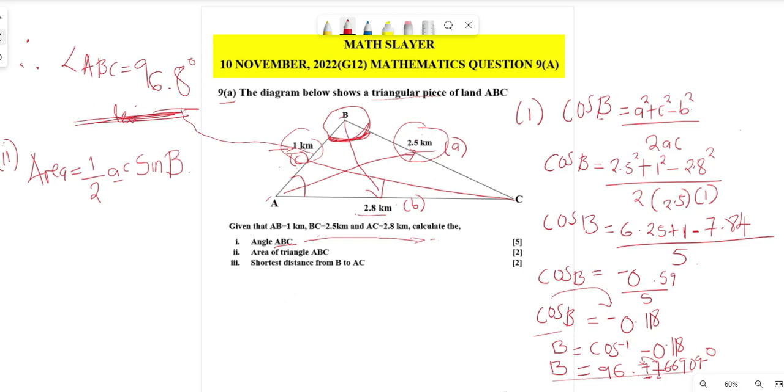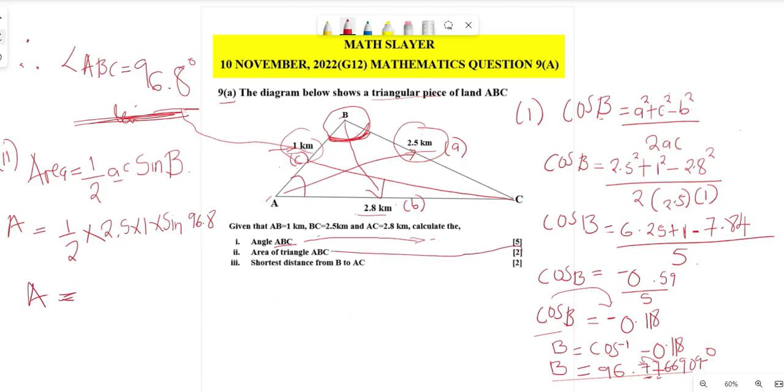So this is the value of angle B that we are going to substitute. Let's do the substitution. Area is equal to half times 2.5 times 1 times sine 96.8. From here the only thing remaining is to simplify. Remember, this is just 2 marks.